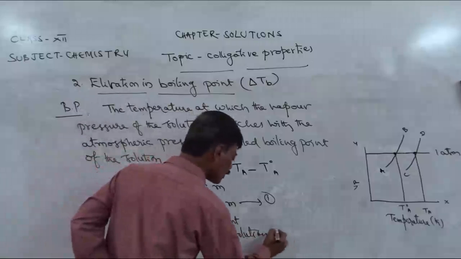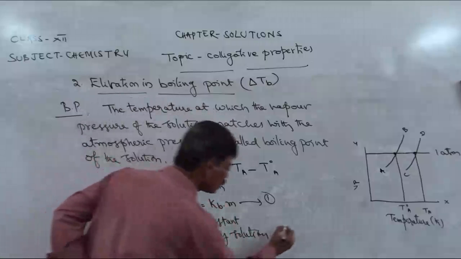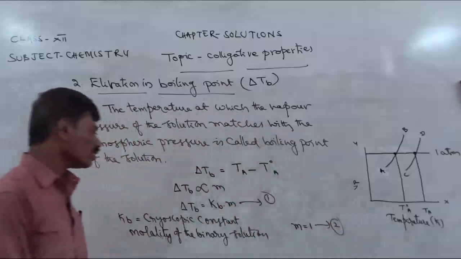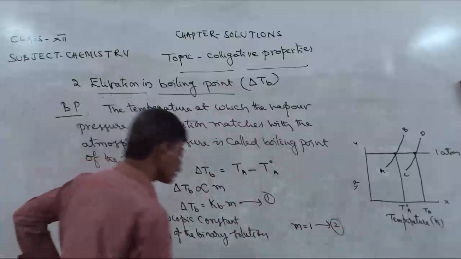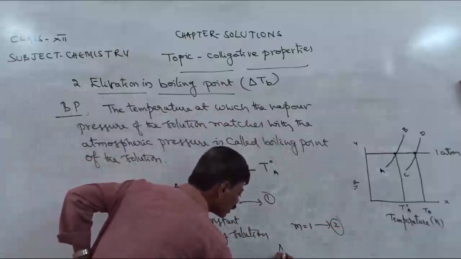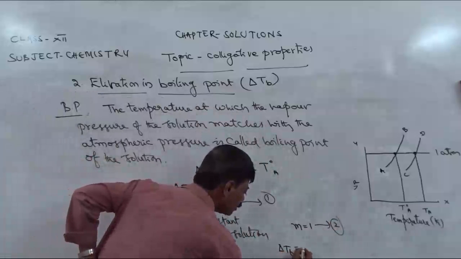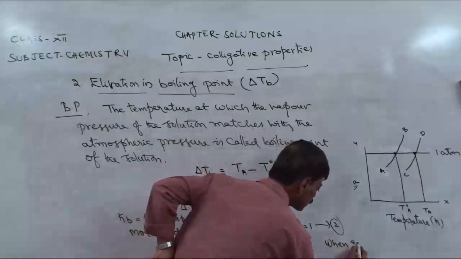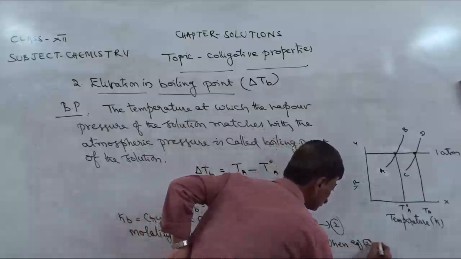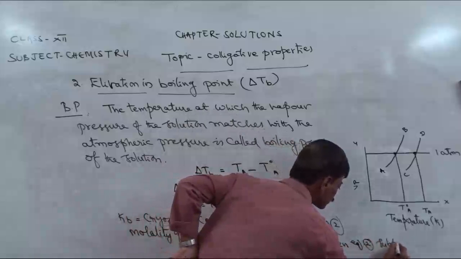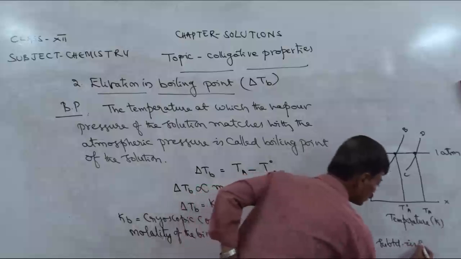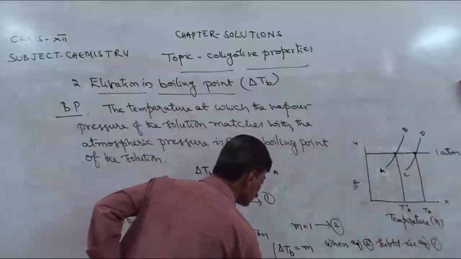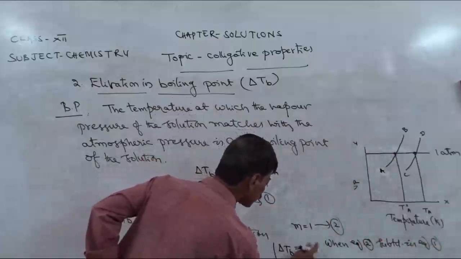Imagine if it is equal to 1, that is M is equal to 1. Let this be equation number 2. When equation number 2 is substituted in equation number 1, then we will get delta TB is equal to Kb.